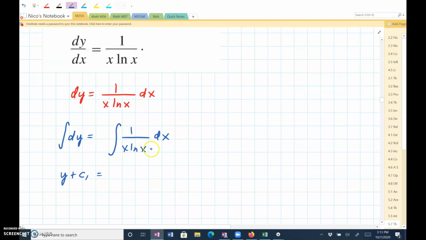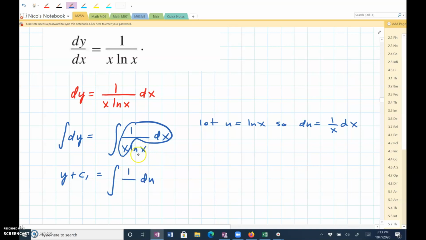And this one, we're going to let u equal the natural log of x. So, du equals 1 over x dx. 1 over x dx, that's my du. So I'll make this 1 over du, and the natural log of x, I said that's equal to u.